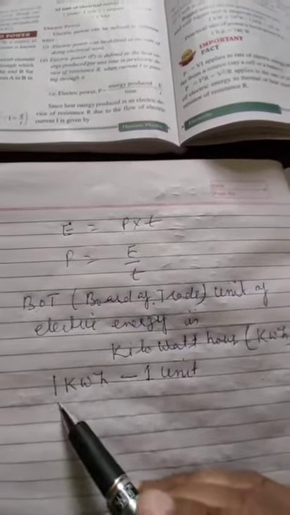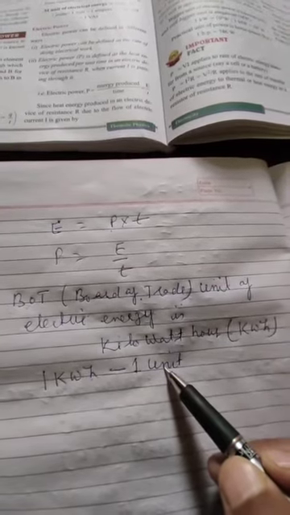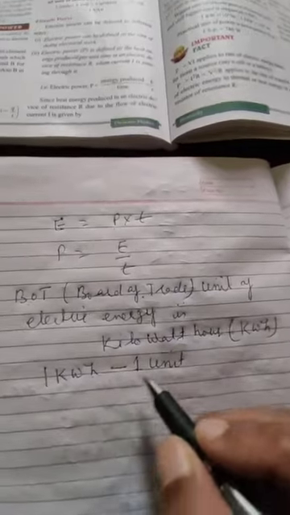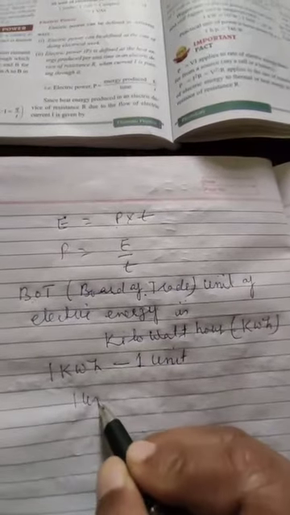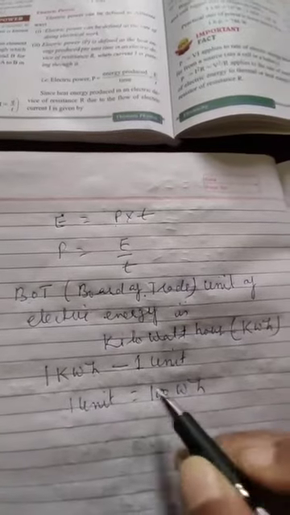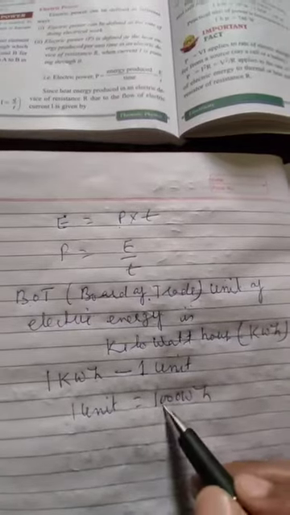So 1 kilowatt hour means 1 unit, or 1 unit can be written as 1000 watt hour, because 1 kilowatt is equal to 1000 watt.